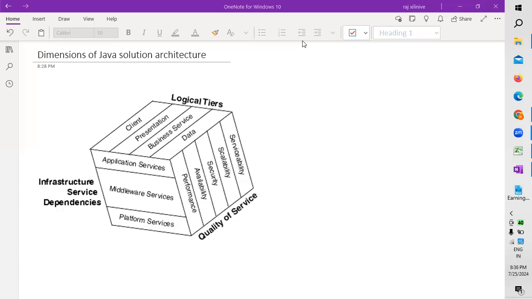When it comes to the quality of services, it focuses on how we are going to provide quality of service in context to the requirements, the non-functional areas relating to availability, security, and scalability. When developing any solution, it's important to understand the non-functional requirements, because quality of services focuses on the non-functional perspective: availability, scalability, security, reachability, maintainability, and load balancing.